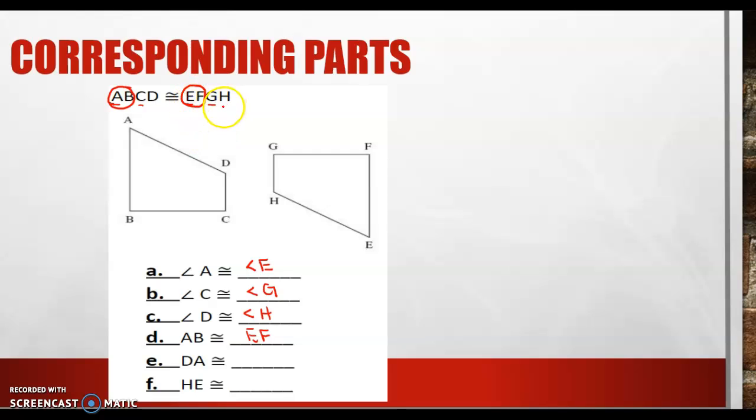That has to be HE. And then HE is congruent to DA. Okay, so the congruent statement tells us a lot about the figures and where the corresponding parts are.